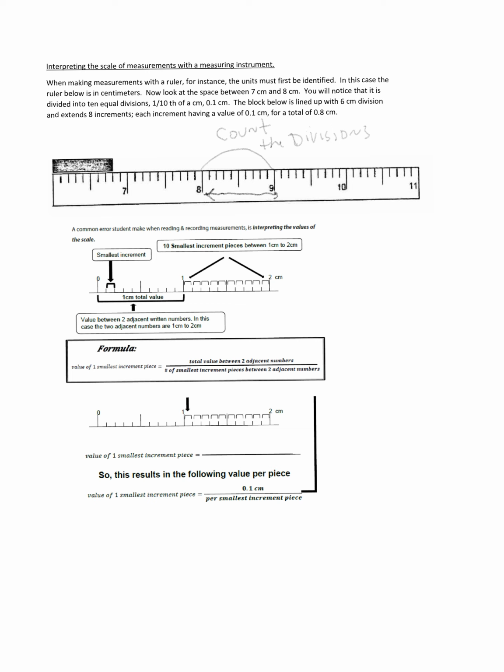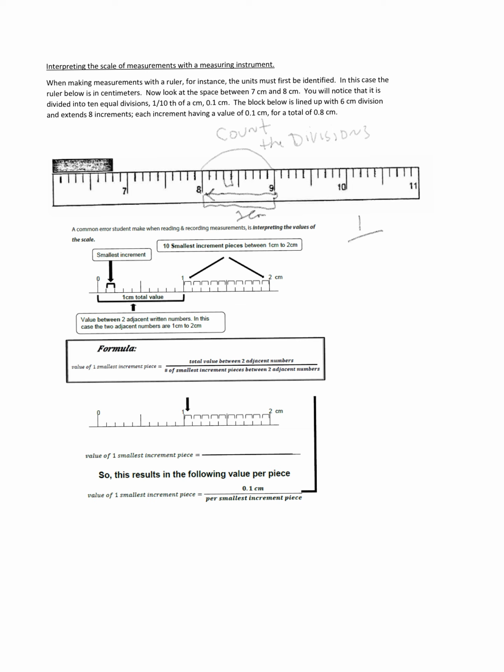So there's 1, 2, 3, 4, 5, 6, 7, 8, 9, 10. 10 divisions here. So let's say this is a centimeter. From here to here, we'll say is 1 centimeter. There are 10 divisions of it. So each one of these is 1/10 of a centimeter, 1 over 10.